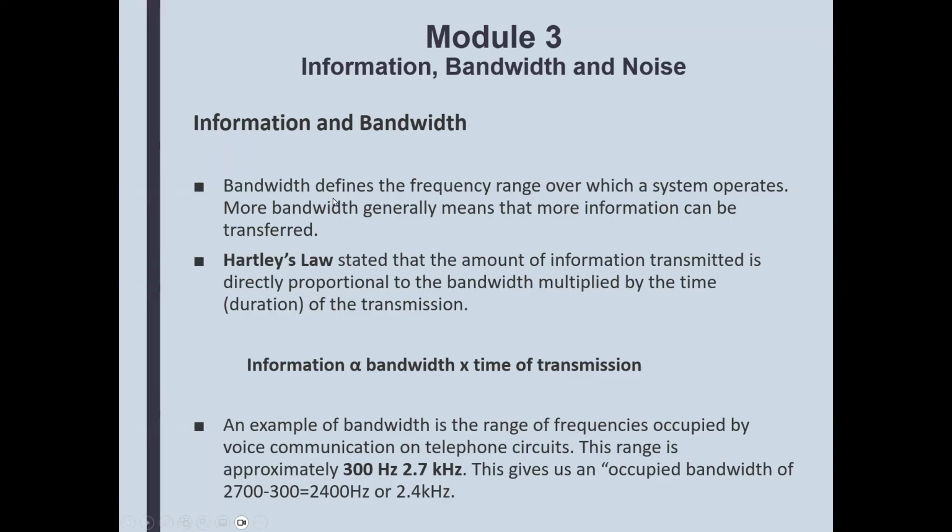Information and bandwidth. Bandwidth defines the frequency range over which a system operates. If we have an audio system, we want to be operating within 20 hertz to 20 kilohertz, because that's designed for human hearing range or human hearing bandwidth.